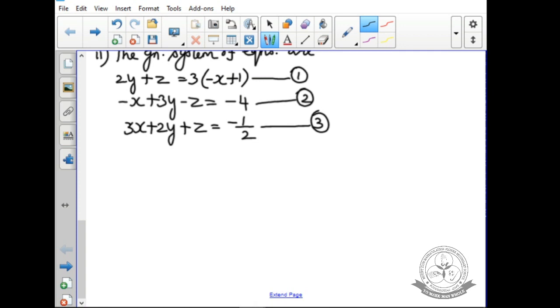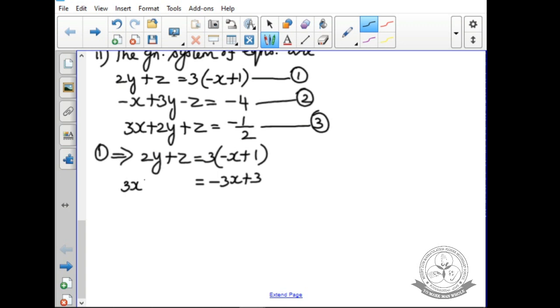So we take the first equation. First equation implies 2y plus z equal to 3 into minus x plus 1. Bring the 3 inside, minus 3x plus 3. Bring that x term to the left hand side.